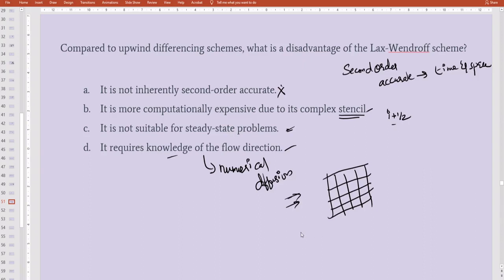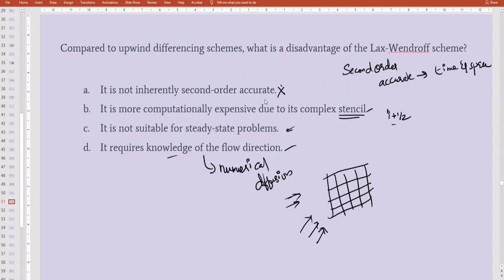In such cases, we have to give some inclined flow to the mesh. Our mesh should be generated such that it is not parallel to the flow. So the schemes where numerical diffusion is occurring require the knowledge of flow direction. The Lax-Wendroff scheme doesn't require the knowledge of flow direction.